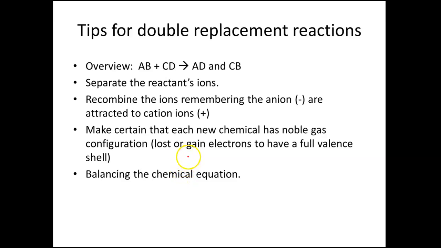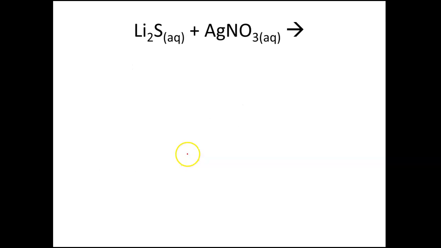So let's go through a couple of examples, and then I'll have you try it on your own. Here we have lithium sulfide and silver nitrate. We'll start off with recognizing which ones are the cations and which ones are the anions. I'm going to go ahead and draw lithium, with its two lithiums, each having one valence electron.